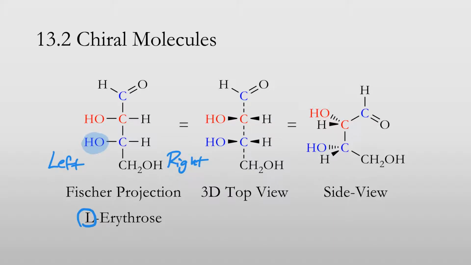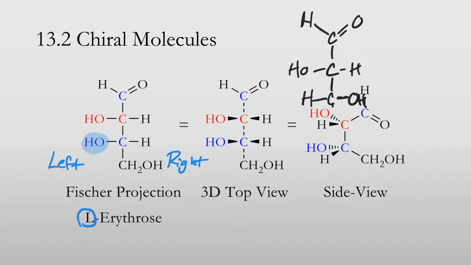If we had another molecule, which if I draw it like this, and the alcohol is on the right there, and I'm going to, sorry about this, but we've got the alcohol at the second to last position right here.